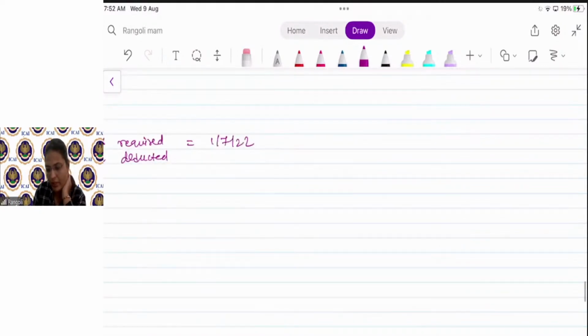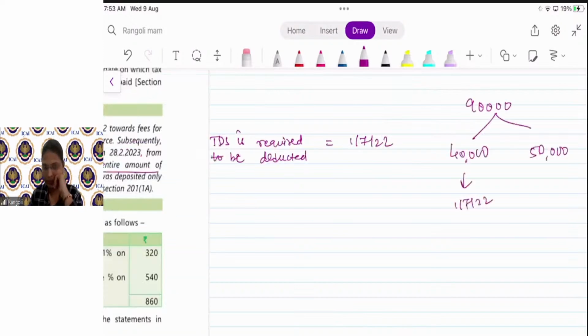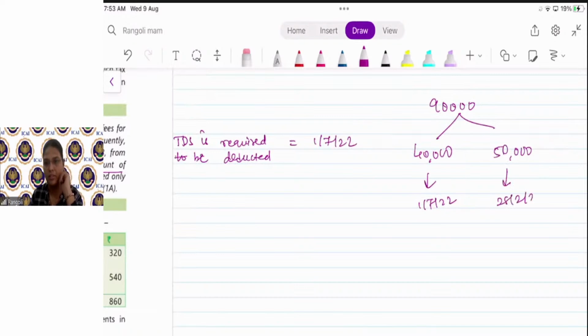Now from this 90,000, on 40,000, TDS is required to be deducted on 1/7/22. And 50,000 was due in the month of February, so TDS is required to be deducted here on 28/2/23. Right? On this amount, the TDS is deducted on 28/2/23.